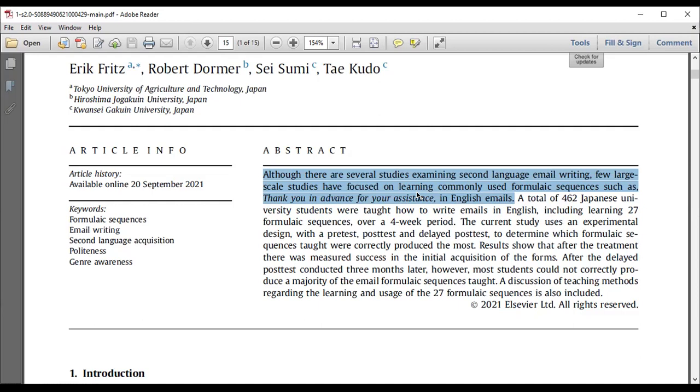Is it Move 2, the purpose? Is it talking about this study or other studies? Other studies, not talking about this study. If it's introduction or background, this is clearly Move 1.